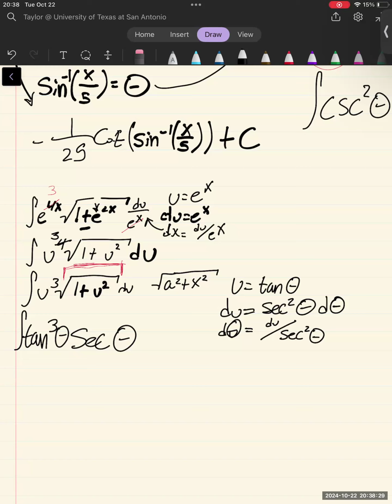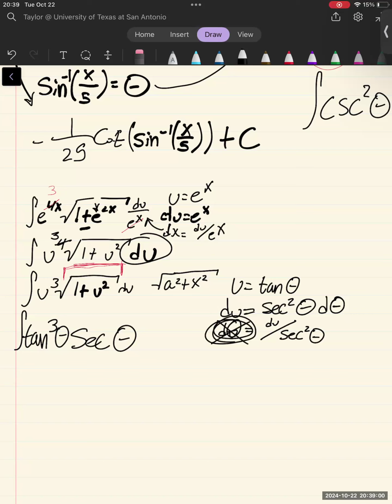Okay, one second. So when I substitute in d theta, I see. Okay, so remember we have du, right? I'm just going to substitute that in. No need for this here, right?